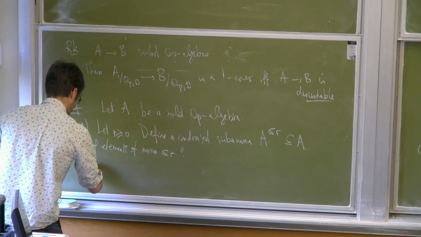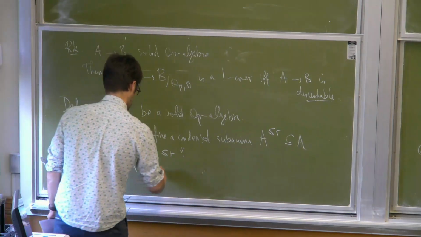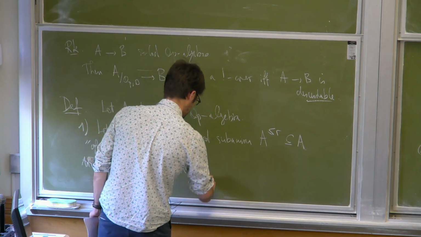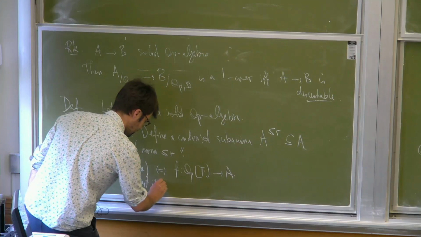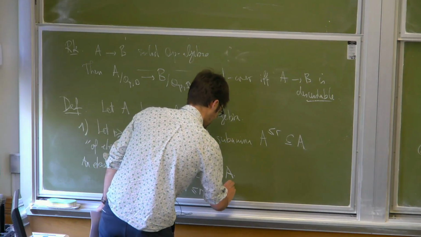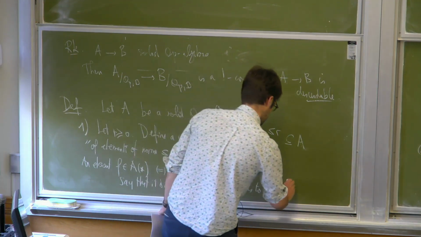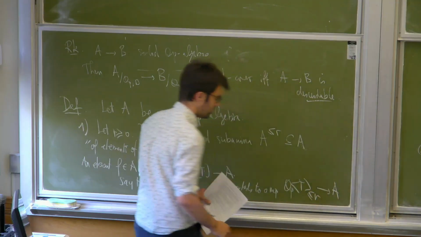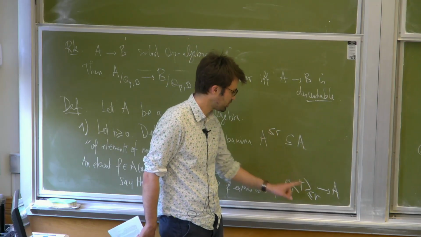An element f of the underlying ring of A, so A evaluated on the point, is the same as a morphism, which I still denote by f, from the polynomial algebra in one variable to A. And I want to say that it is of norm less or equal to R if f extends to a map from, what's my notation, I change the position of this symbol, it's not an exponent, it's a subscript.